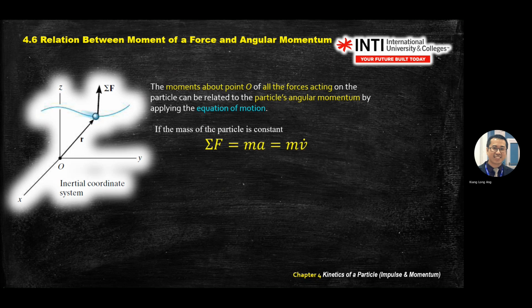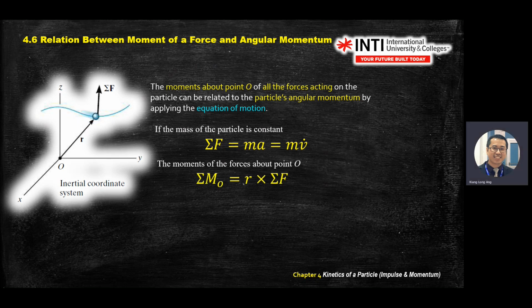You need to recall the chapter 2 equation, which is F equals ma. All the force will create motion, in this case, acceleration. And in referring to an inertial coordinate reference, for the moment of the force, again recall the definition of moment. You take the distance at 90 degrees times the force, right?